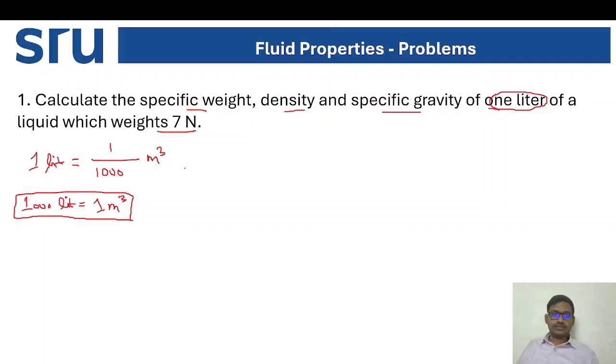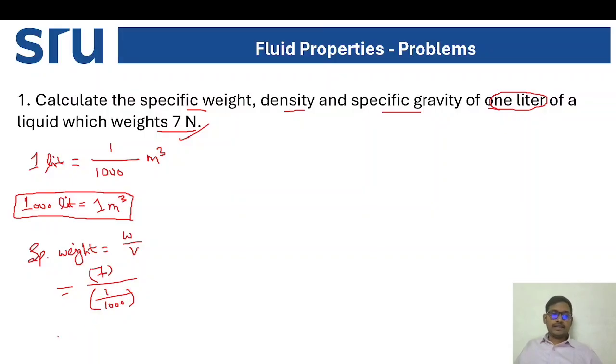Now first one, specific weight. So specific weight definition is nothing but weight by volume, as we have discussed in the earlier lectures. So what is the weight? Already they have given weight is 7 newtons. And okay, what is the volume? Volume equal to 1 by 1000.